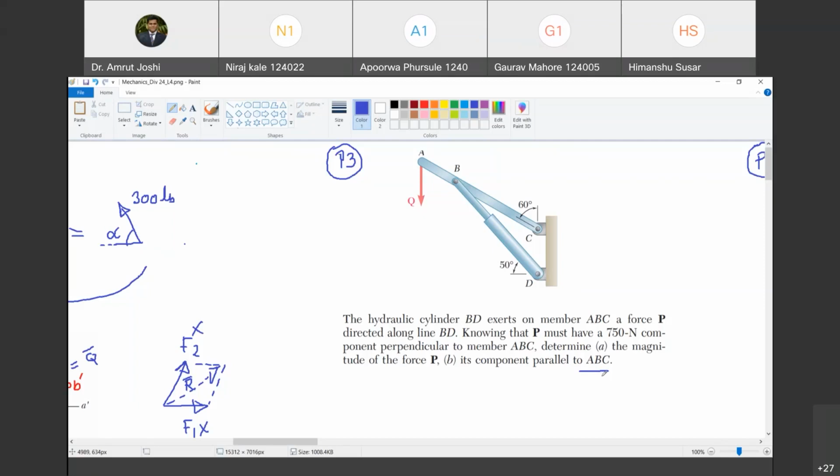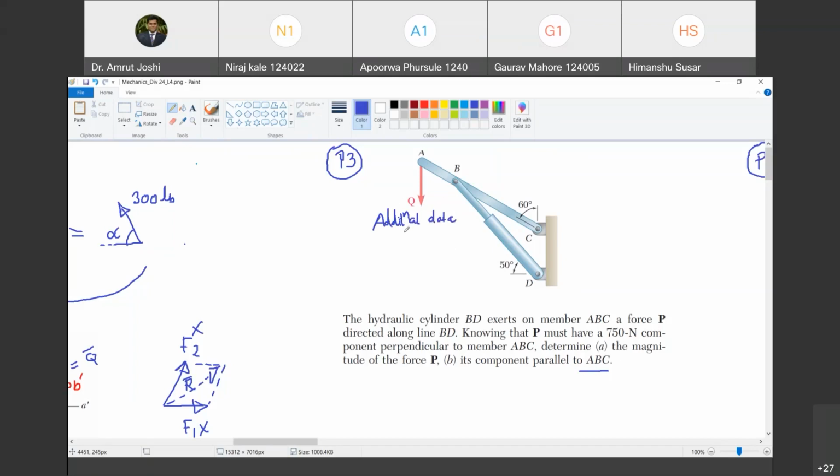The second thing to observe is there is a force Q given at A. Is there any mention of this Q in this problem statement? No. So therefore, this is additional data. This we don't require.